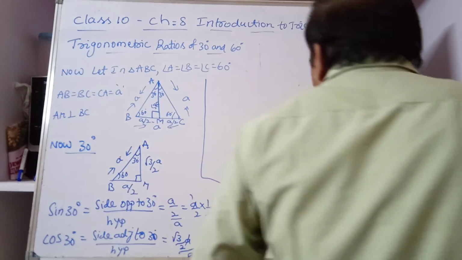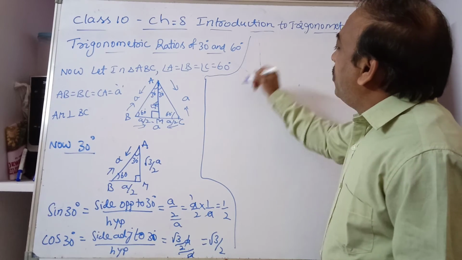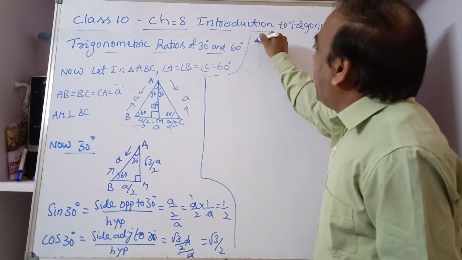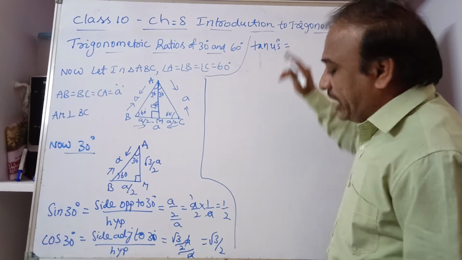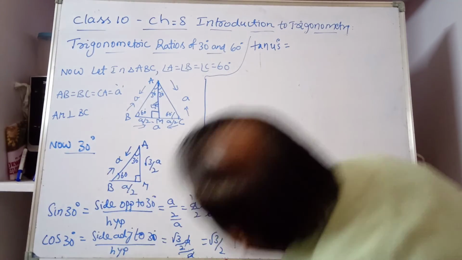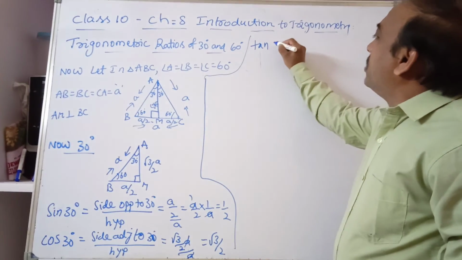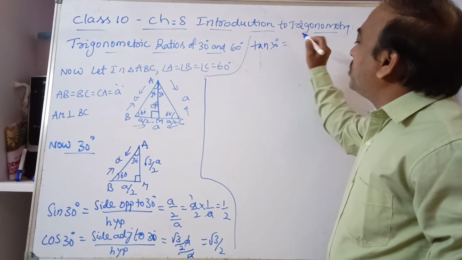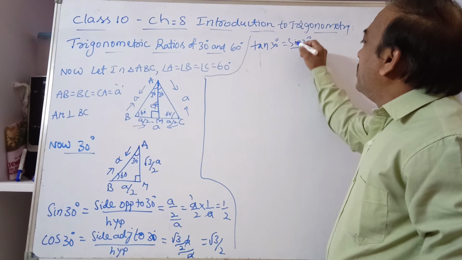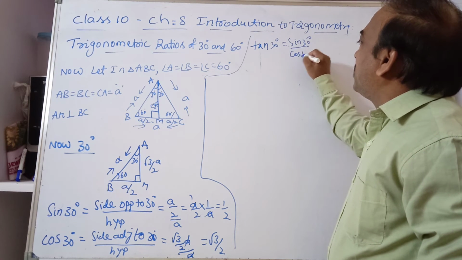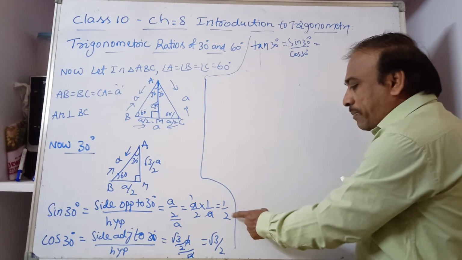Now we will calculate for tan. Tan 30 degrees is equal to sin 30 by cos 30. What is sin 30 value we got? That is 1 by 2.